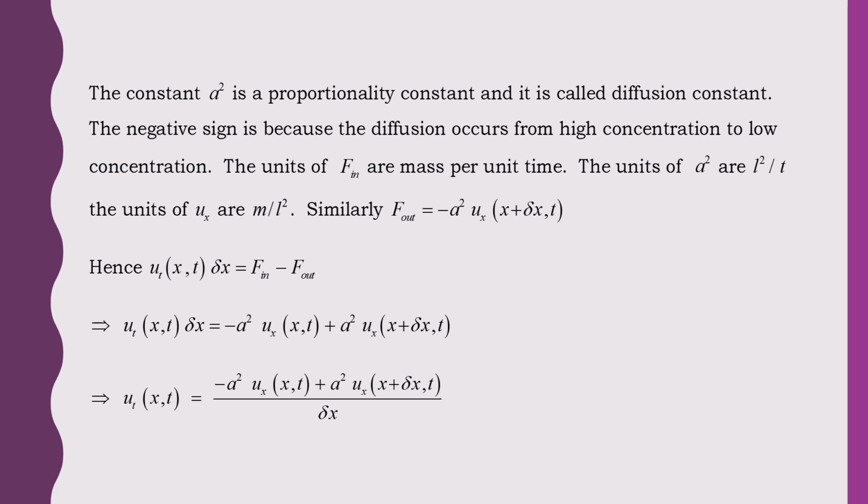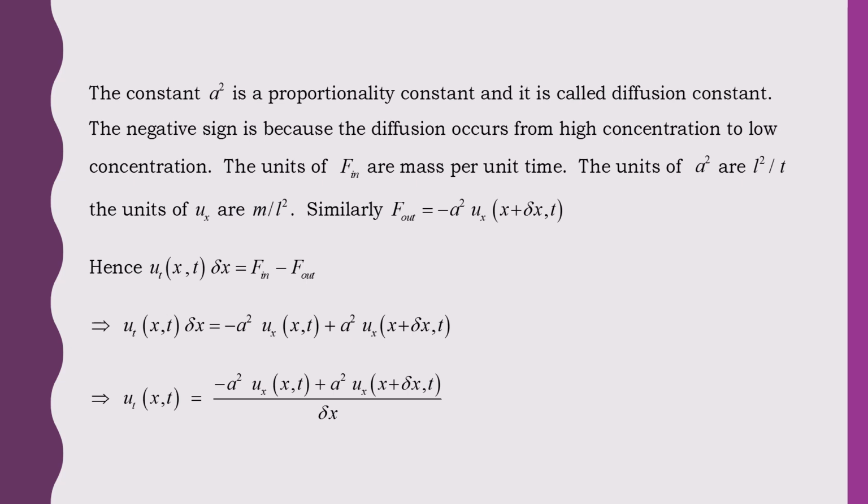Now we have to substitute the values of inward flux and outward flux in the formula u t delta x equals f in minus f out.